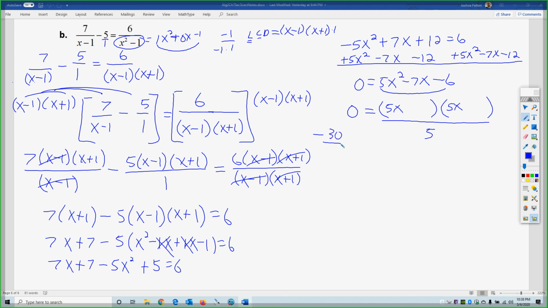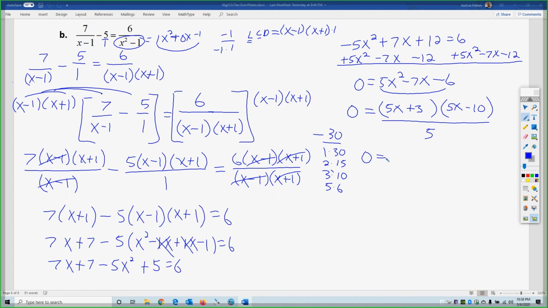So the factors of negative 30 are 1 times 30, 2 times 15, 3 times 10, 5 times 6, but one of them has to be negative. So I'm going to go with positive 3, negative 10, because those multiply to negative 30, and they add to negative 7. So that's going to work for me, I think.